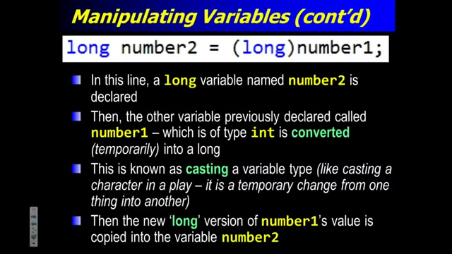They call that casting in acting class, right? So when you cast a variable, what I'm saying is number 1 here was an integer. What I'm doing is I'm taking number 1 and turning it into a long temporarily. It's not really a long, it just plays one on TV, right? It's just being turned temporarily into a long so that I can store it in this variable called number 2.